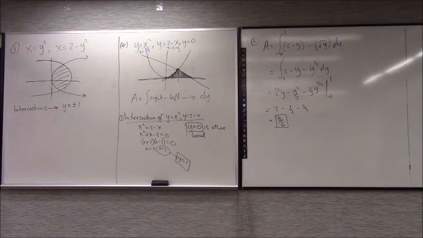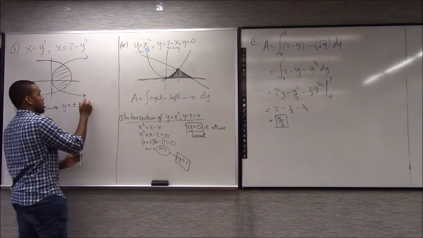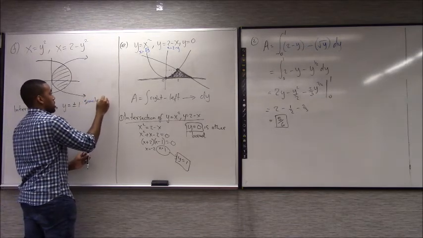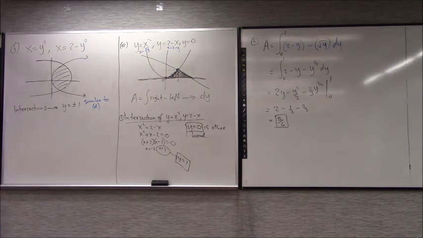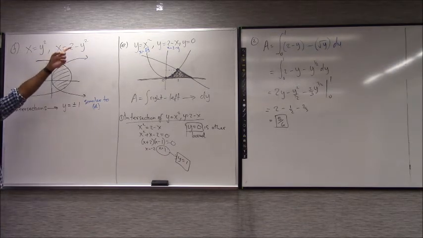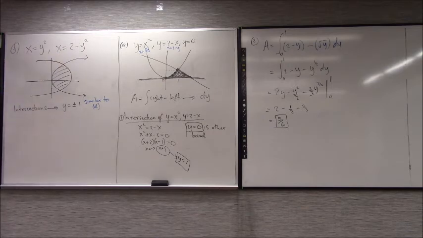So technically you would have written it all out, but it's similar to D. Right, so in D we had y equals x squared and y equals 2 minus x squared, and we found the intersection is going to be the same except in terms of y here. So y is going to be plus or minus 1.